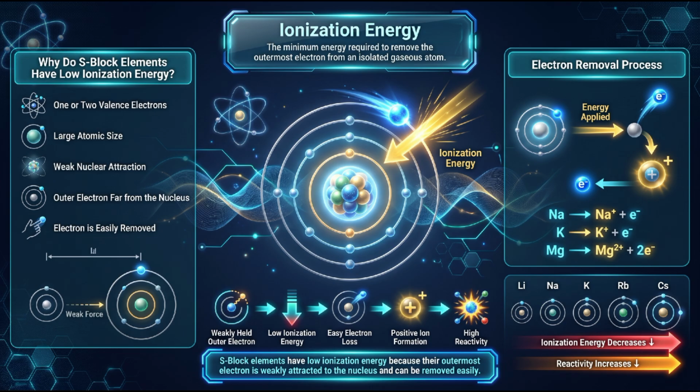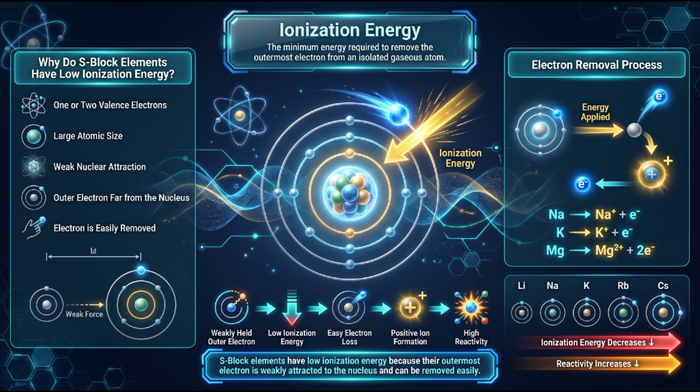For example, lithium has only 2 electron shells, sodium has 3, potassium has 4, rubidium has 5, and cesium has 6. As the number of shells increases, the outermost electron moves farther and farther away from the nucleus. Because the attractive force between opposite charges decreases with increasing distance, the nucleus cannot hold the outermost electron as strongly.